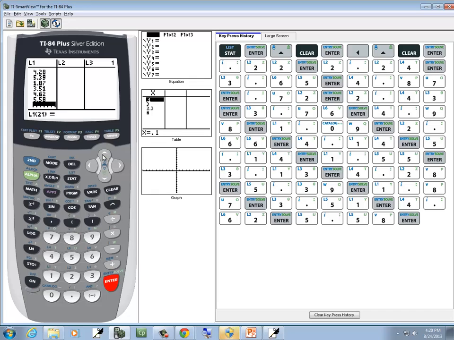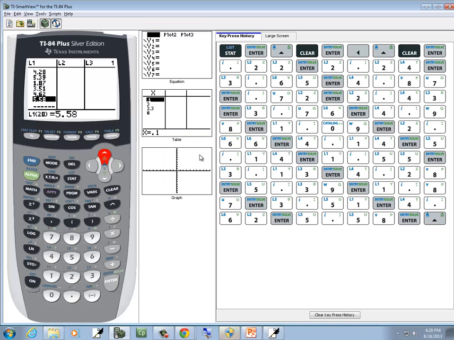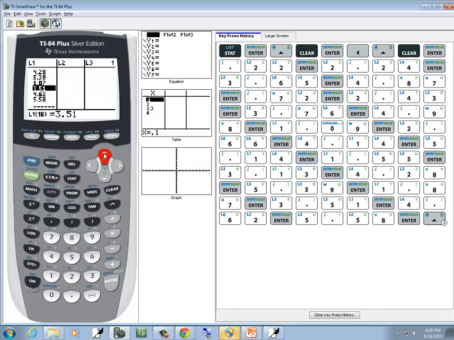When I submit the test at the end, I want to go through and see where I screwed up and fix any ones I did wrong, but I don't want to have to retype these numbers in. 5.58, 4.62, 3.51, 1.87.